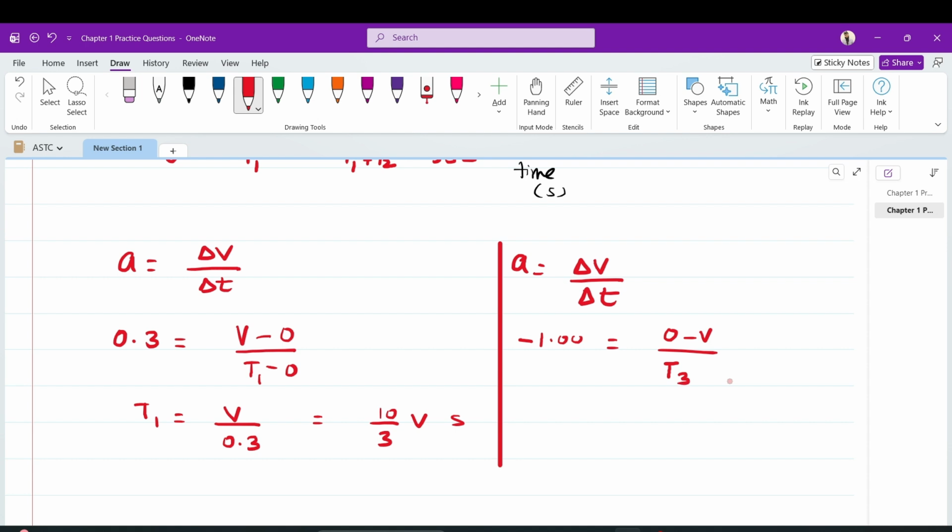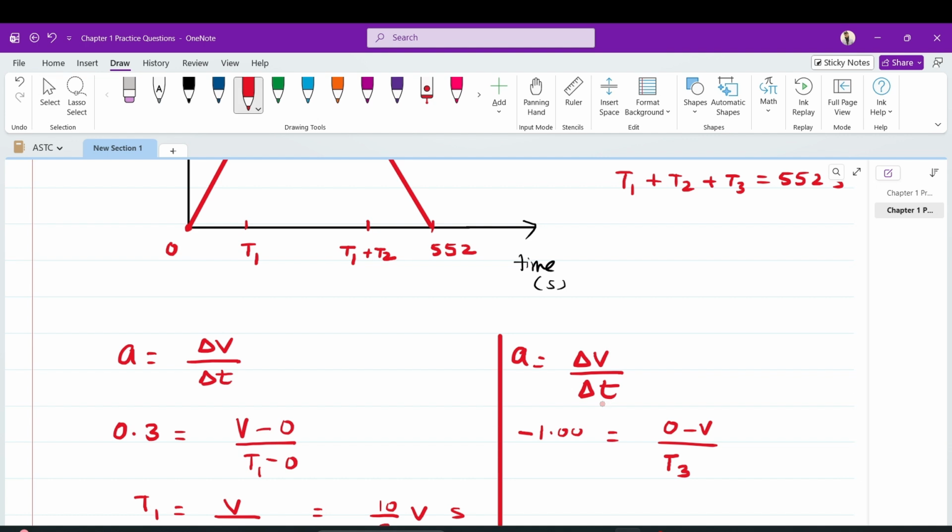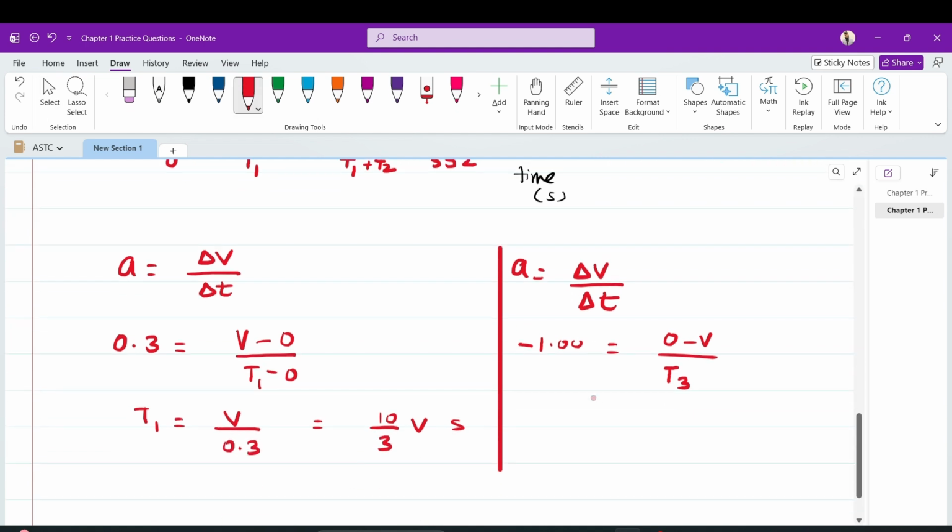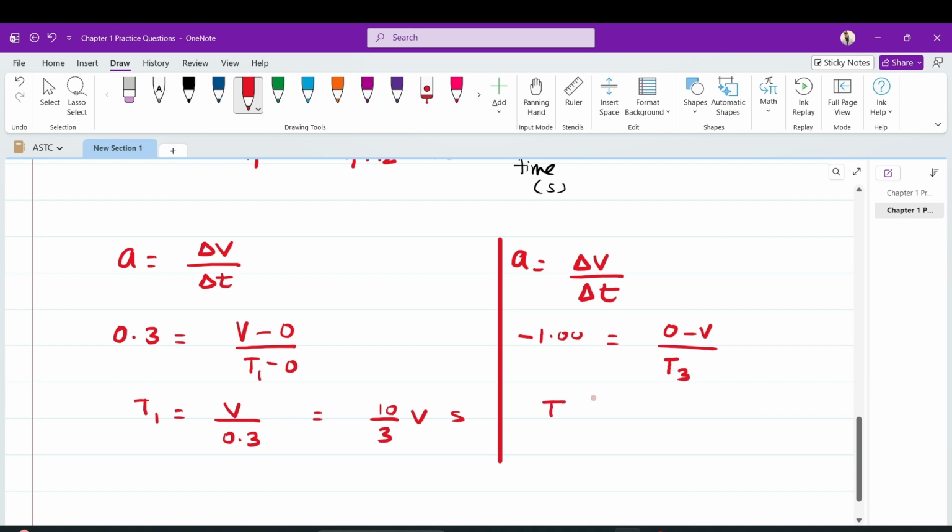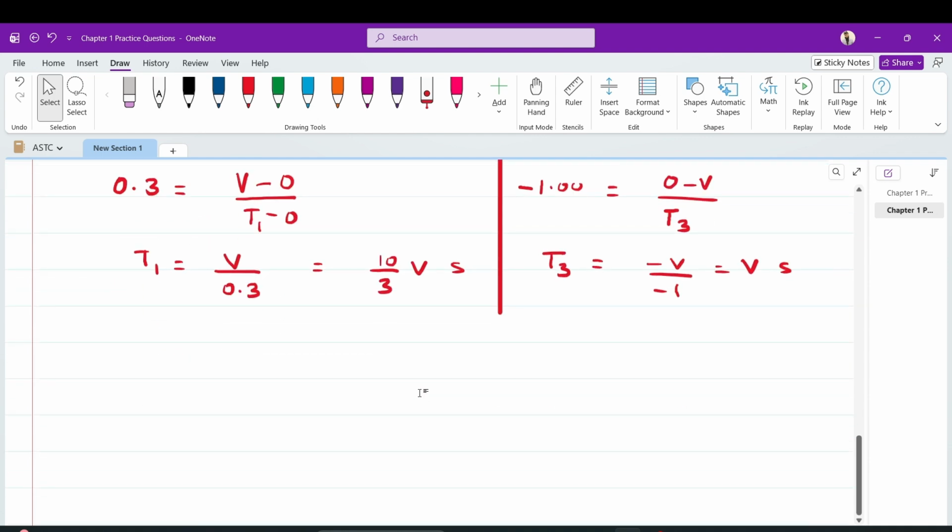Because the duration is t3 seconds, I don't have to subtract from anything, right? Because that is already the change. Between 552 and t1 plus t2, the change between them is already t3, so I don't need to write down the entire subtraction. So here t3 is equal to minus v over minus 1, which is equal to v seconds. So that is our answer to part 1.